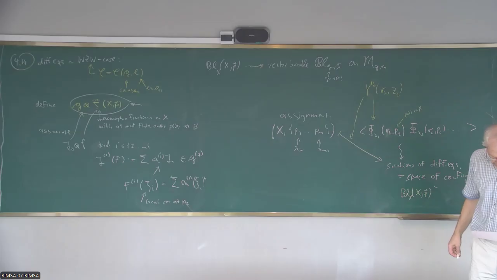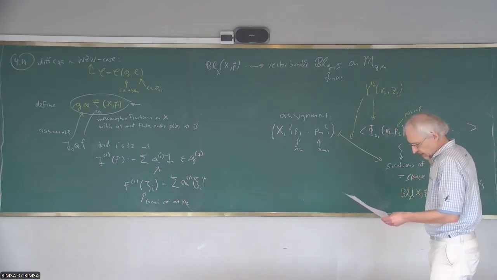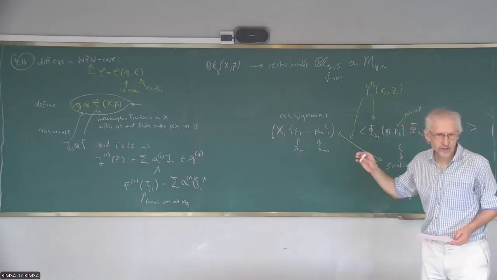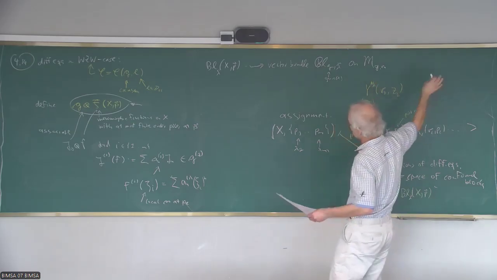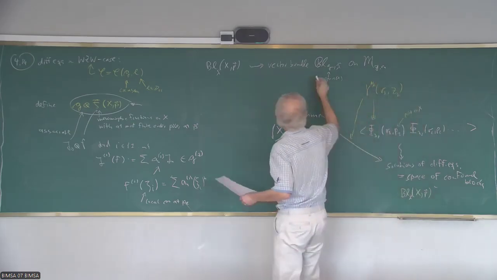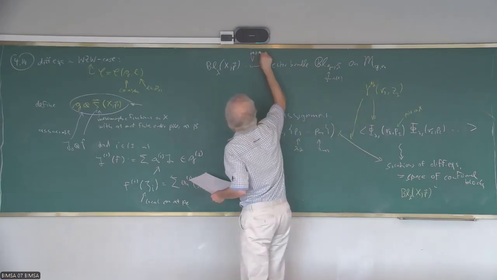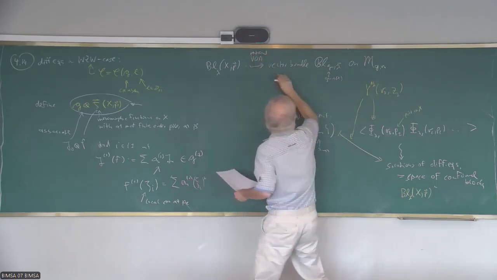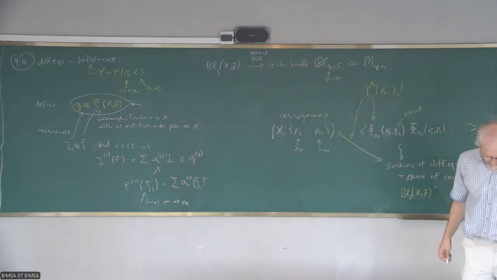In the case that V is rational and what is called C_2-cofinite, one proves that this descends to a vector bundle really on this finite dimensional moduli space.